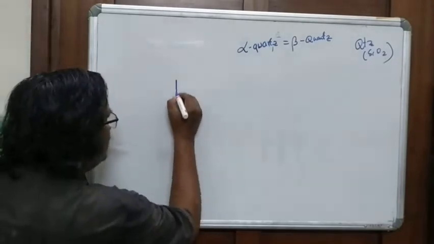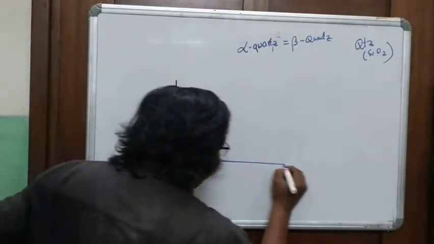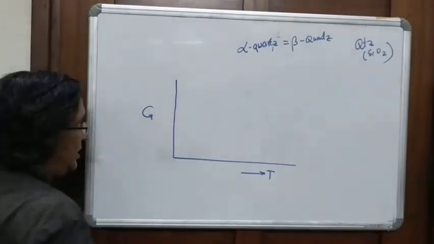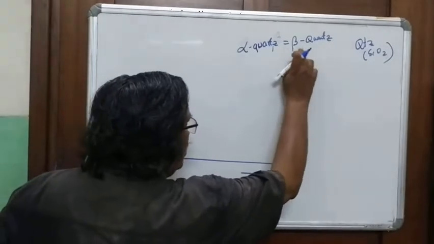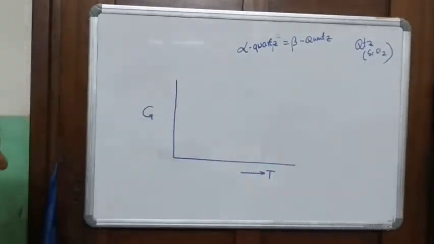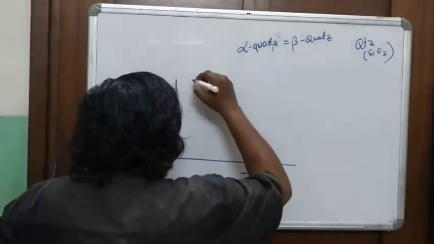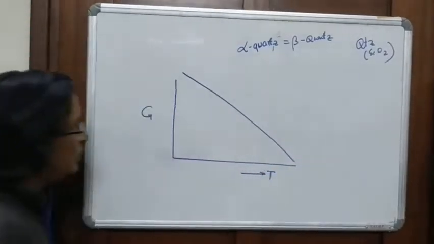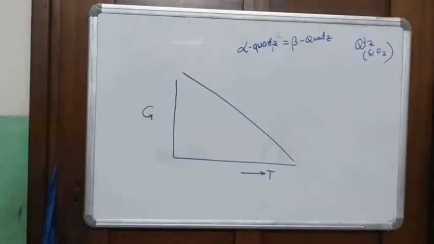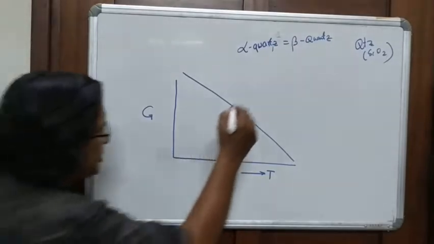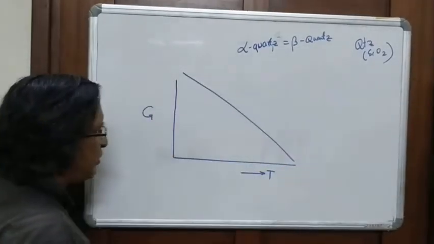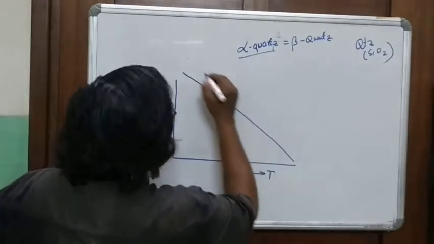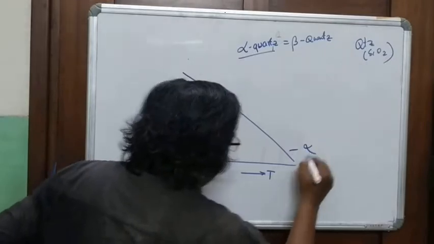So, if I now draw a graph where this is increasing temperature versus G, and let's say these are pure phases, then you will have a free energy expression for alpha quartz and a free energy expression for beta quartz. I'm writing just alpha to make it simpler.